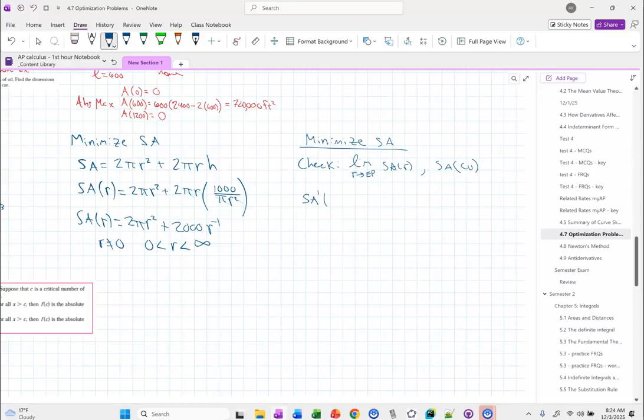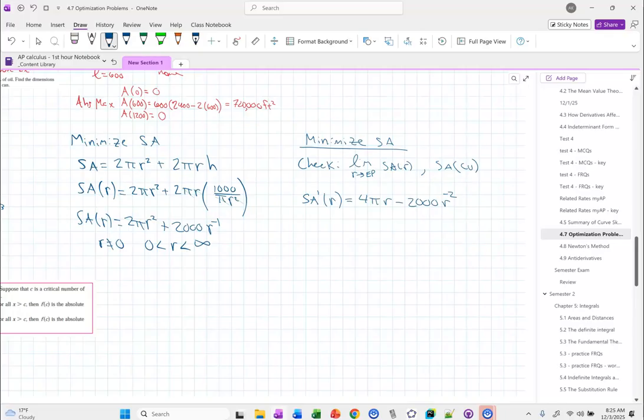So to do that, we need the derivative. What's the derivative of 2 pi r squared? 4 pi r. And what's the derivative of 2,000 r to the negative 1? Yeah, negative 2,000 r to the negative 2.